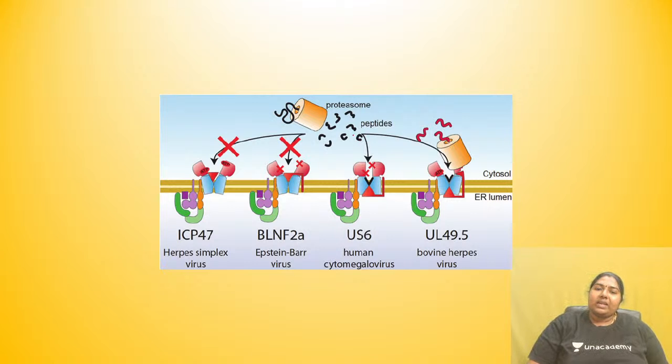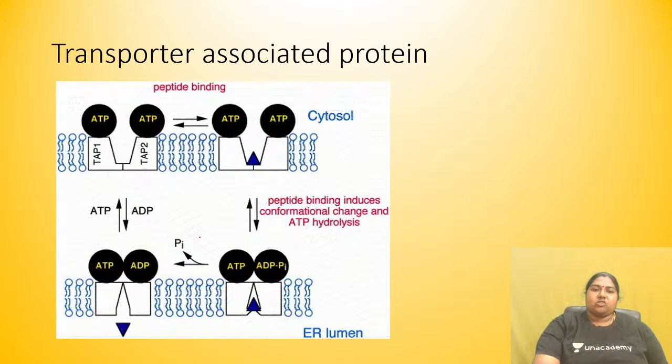So this is the cytosol. This cytosolic protein should first be degraded by the proteasomes, and then it will form the small ones. Now here, who is present? This is the TAP. What is this TAP?